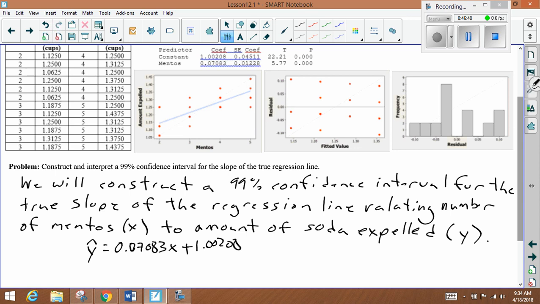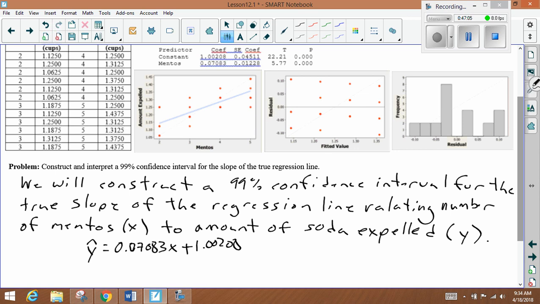Which tells us that for every additional mento that we put into the bottle, we expect for there to be, we're in ounces, I believe, 0.0803 additional ounces expelled from the bottle. Okay? So interpreting our regression equation, I think that's extra stuff.